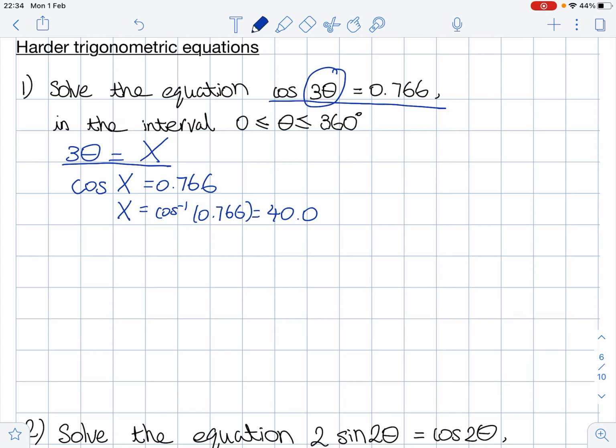So what we want is the interval for theta between 0 and 360. But now we have 3 theta, so we need to multiply the whole thing by 3.